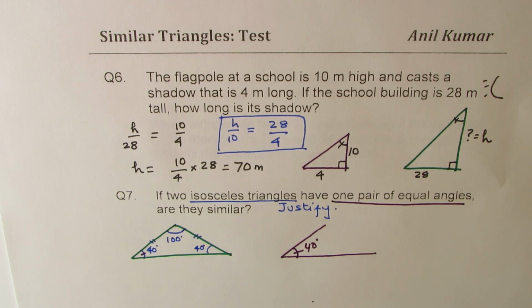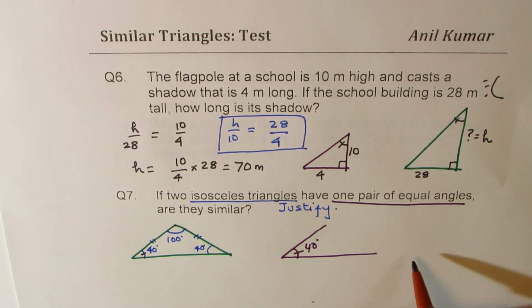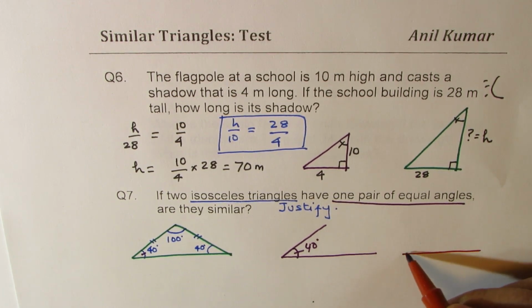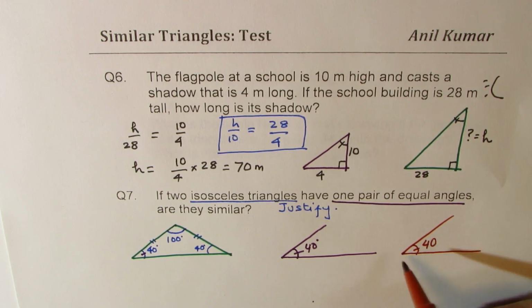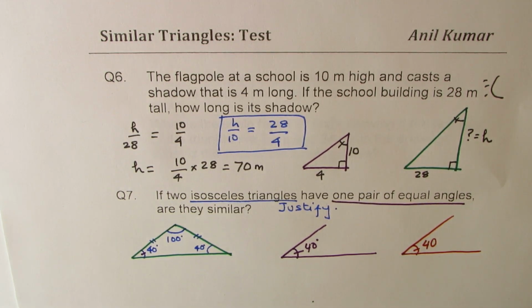Now, in this case, are we always going to have similar triangles or not? That is the question. So think about it like this. We know that one pair is equal, so we have a case when one pair is equal. So this is 40 degrees. Is that okay?